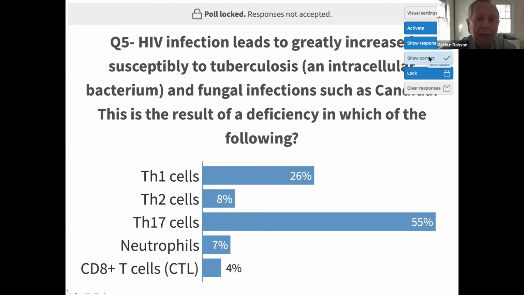Fungal infections such as Candida require T cells, particularly Th17 cells. So in fact, all the T cells will be defective in HIV infection, including, by the way, Th1, Th2, Th17. But certainly, remember, neutrophils do not get affected or infected with HIV.